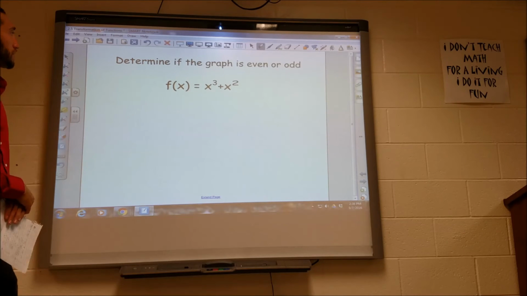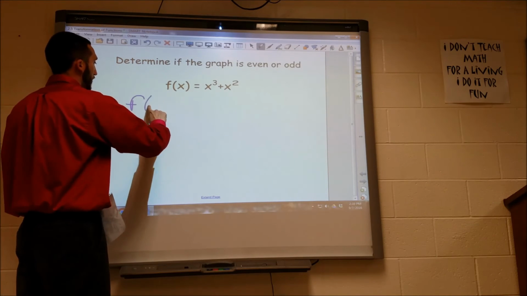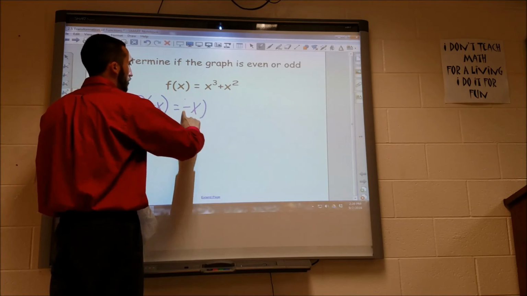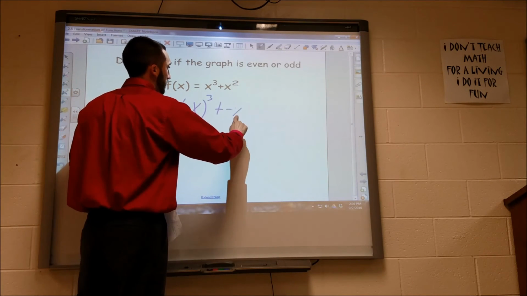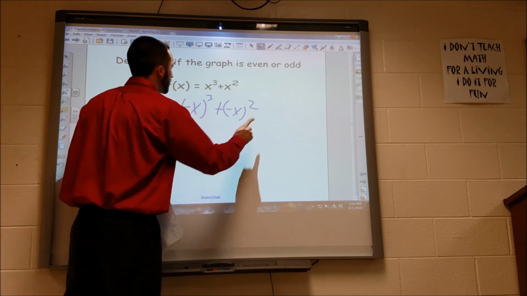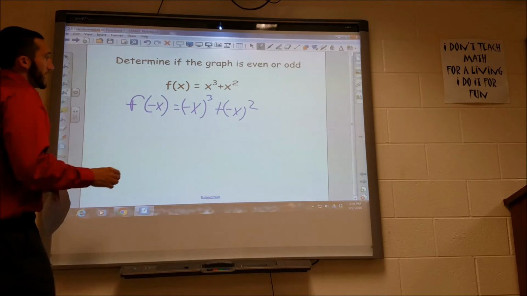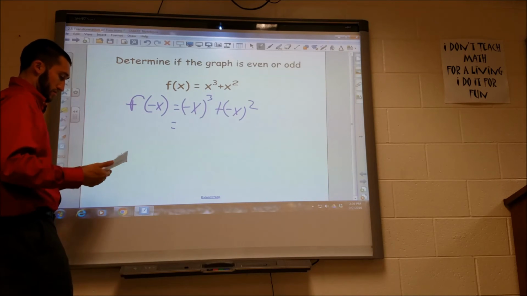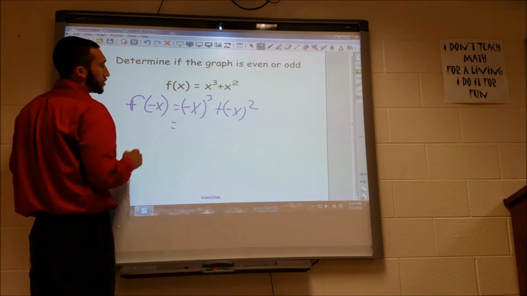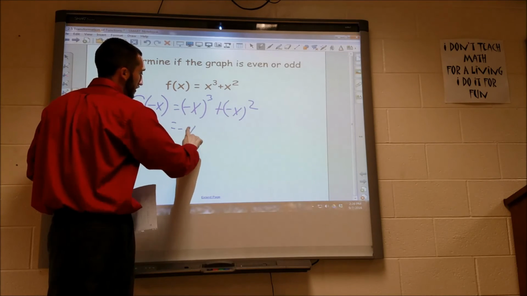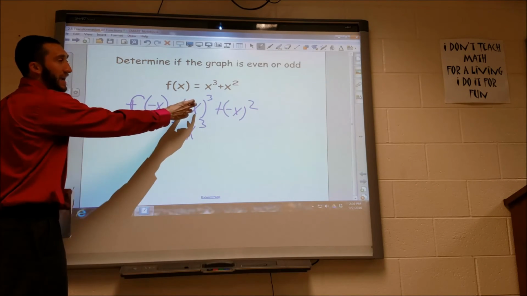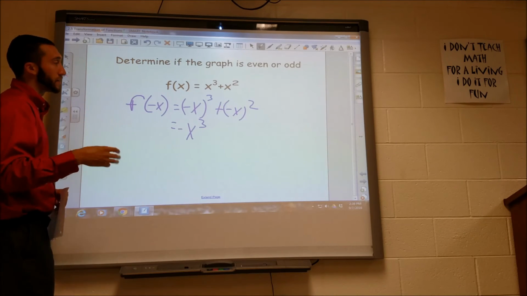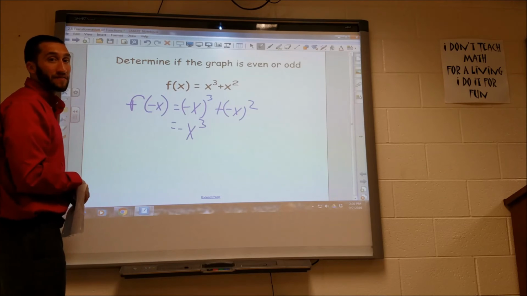Next one, determine if it's even or odd. So again, I plug in a negative x. I get negative x cubed plus negative x squared. And negative x cubed gives me negative x cubed, because a negative x to any odd degree, whether it be 1, 5, 7, is always going to give us a negative value.